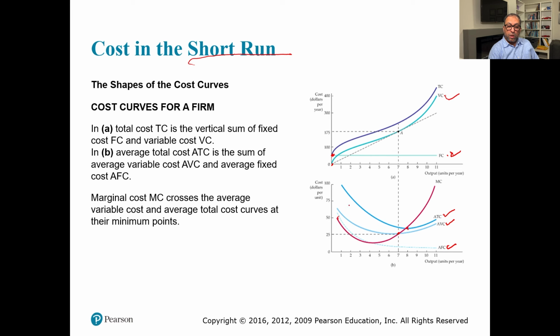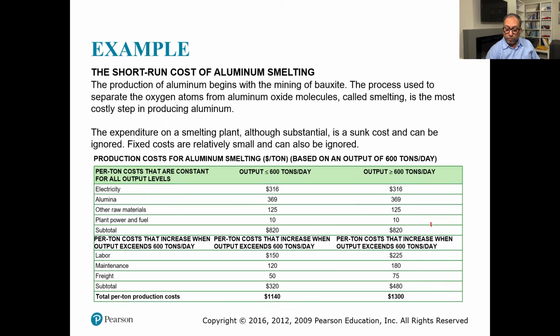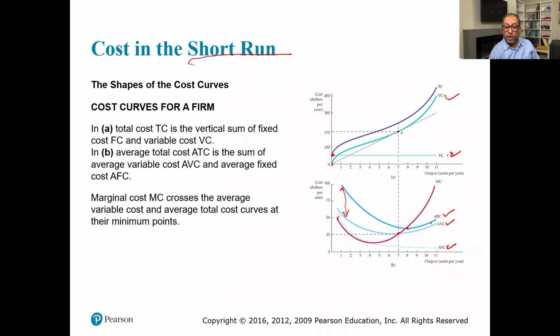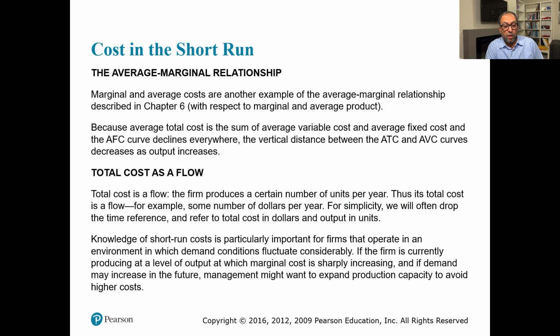So we see that ATC and AVC are quite far apart in the beginning when we are producing fewer units. But as we produce more and more units, they get closer and closer, so their difference becomes less and less. Why? Because the average fixed cost is decreasing.